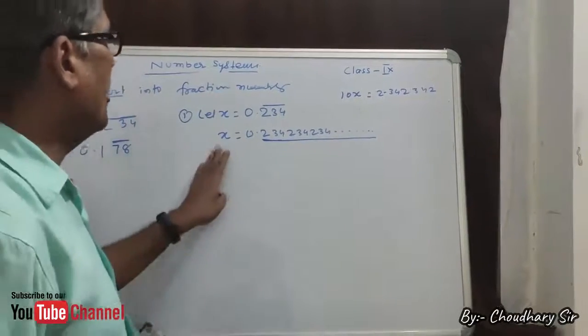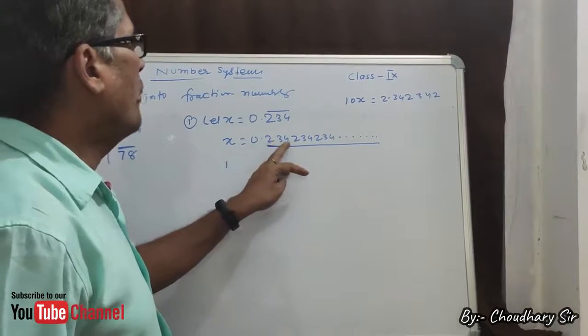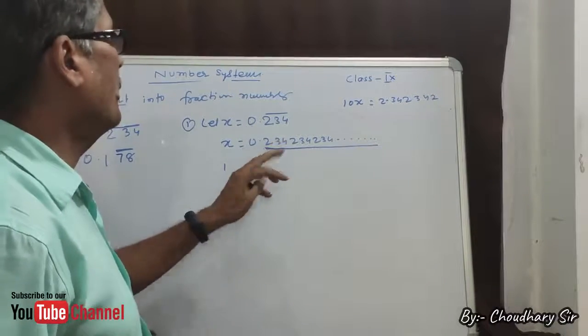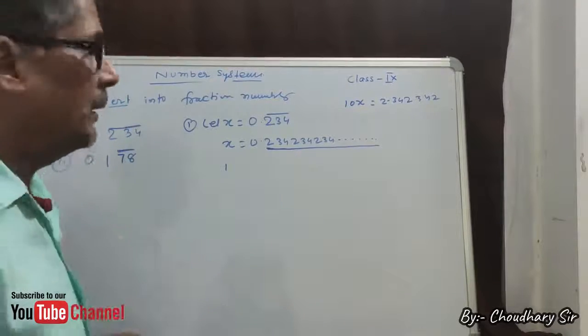Similarly, if you multiply by 100, we get 23.423, but here it should be 234. So we cannot multiply by 100.